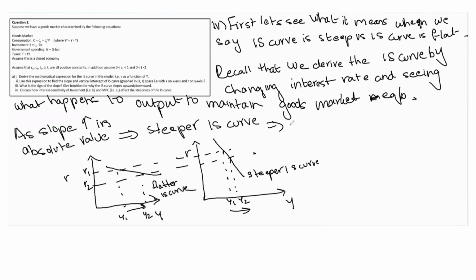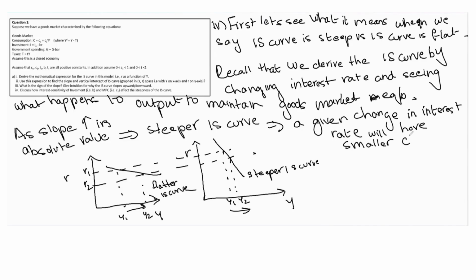So steeper IS curve means that a given change in interest rate will have smaller change in output in goods market equilibrium.